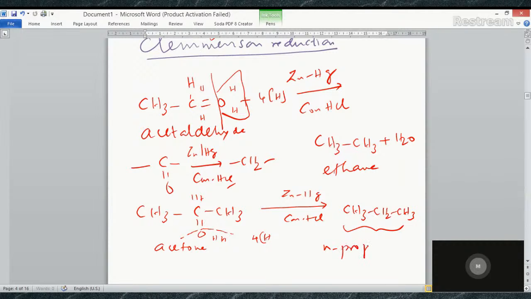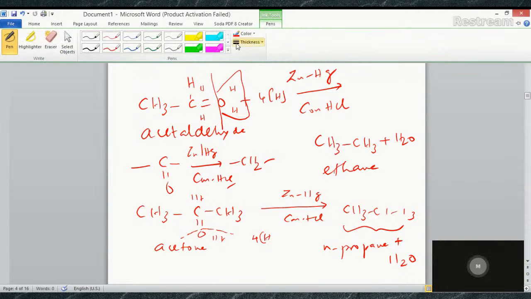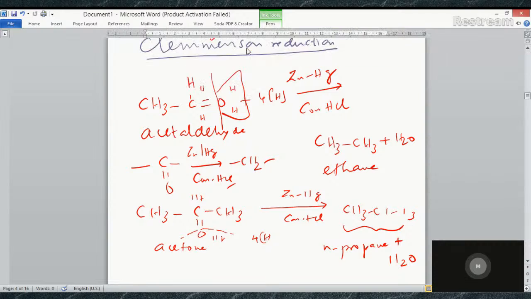The compound's name is the hydrocarbon normal propane, with the loss of water. It is very easy to understand this particular conversion. The ketone group is changed into a hydrocarbon part by the usage of 4 hydrogen atoms. 2 of them are responsible for the formation of water, and 2 can be added to the carbon. As a result, we have a product like this, CH3 CH2 CH3. The hydrocarbon, namely normal propane, is formed.